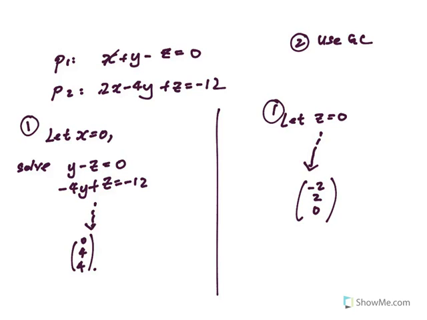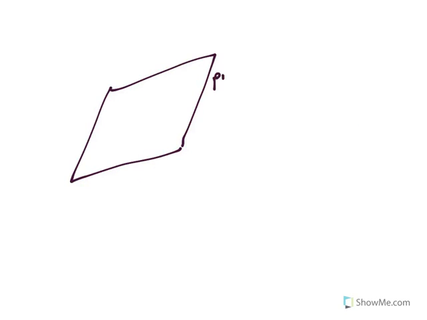So I have a point, then find the equation of the line of intersection of plane 1 and plane 2. For example, this is your plane 1, this is your plane 2. You have a point common to plane 1 and plane 2.